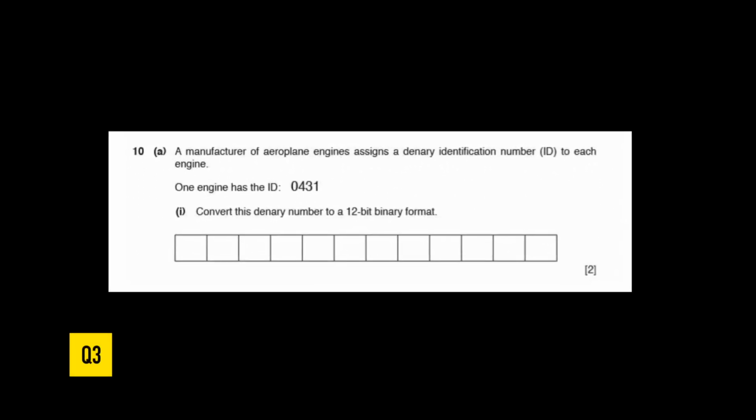Right here we have one last question to convert from denary to binary. This is important because this one's going to be 12 bits, which means we have 12 digits right here instead of 8 digits. So let's go ahead and write out our values right here. We're going to have 1, 2, 4, 8, 16, 32, 64, 128, 256, and then 512.